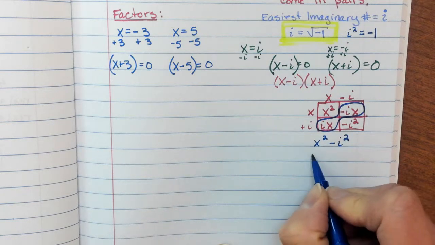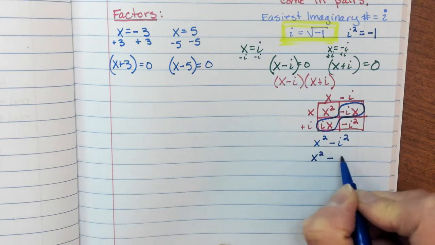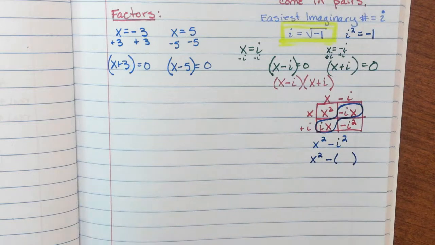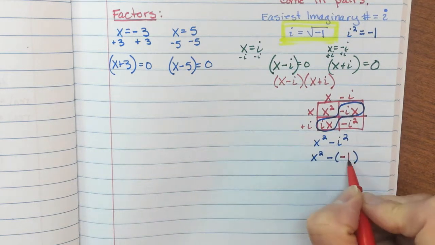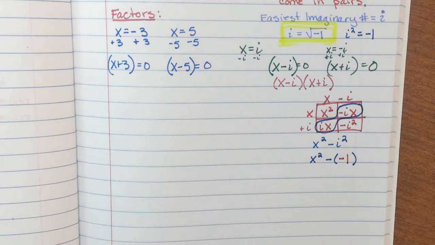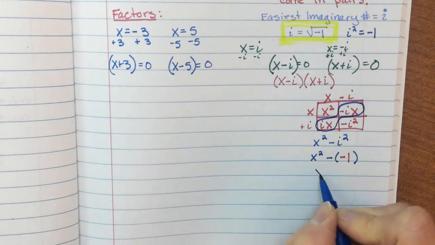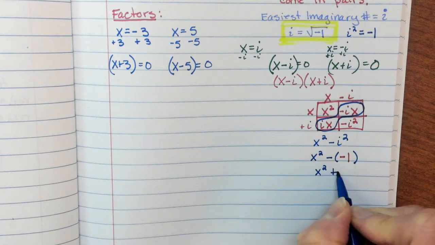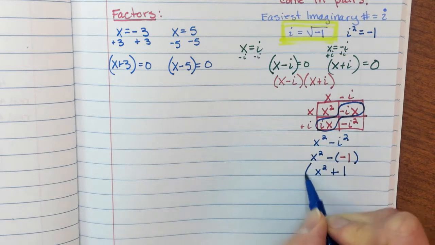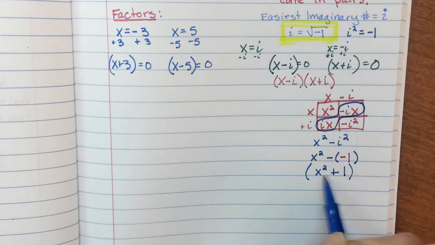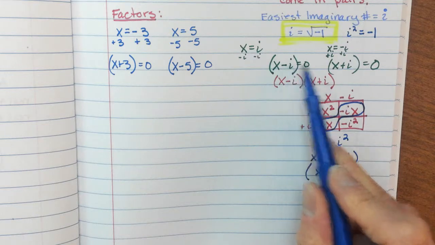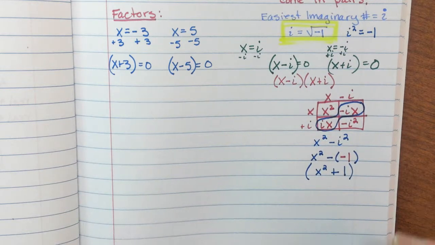So this becomes x squared plus 1. That's my factor when I multiply my two imaginary roots together.